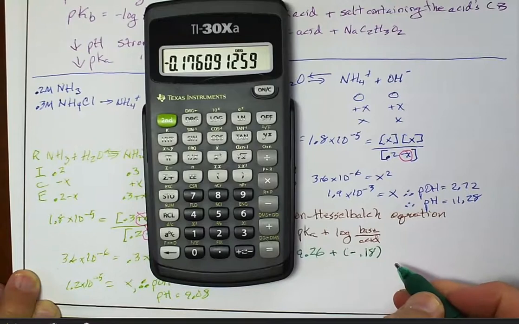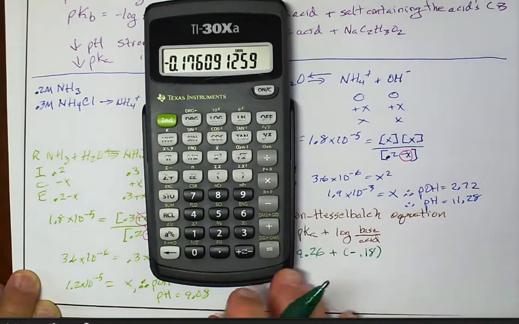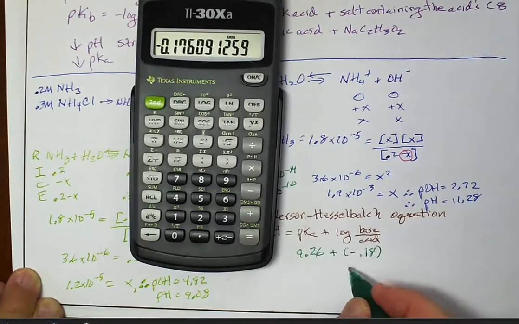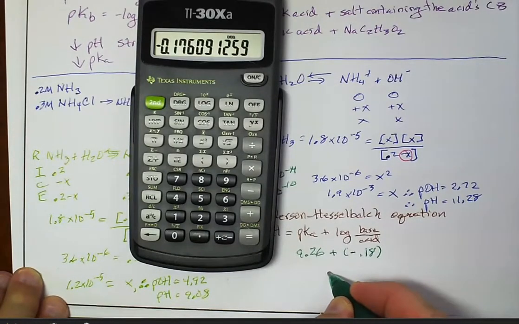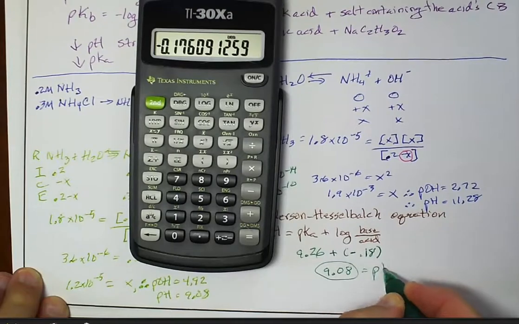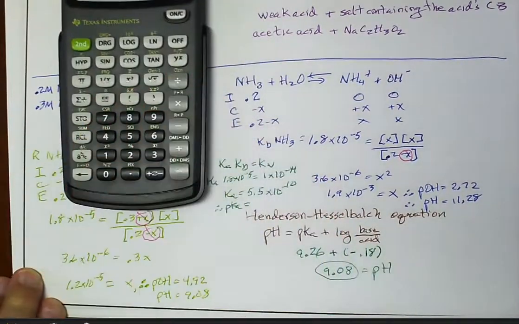How about that? All right. So what's 9.26 plus a negative 0.18? In other words, 9.26 minus 0.18? Well, that is 9.08. That's the pH of this buffer.